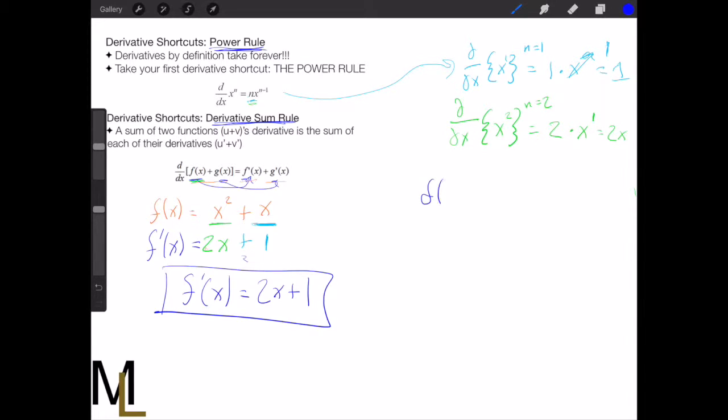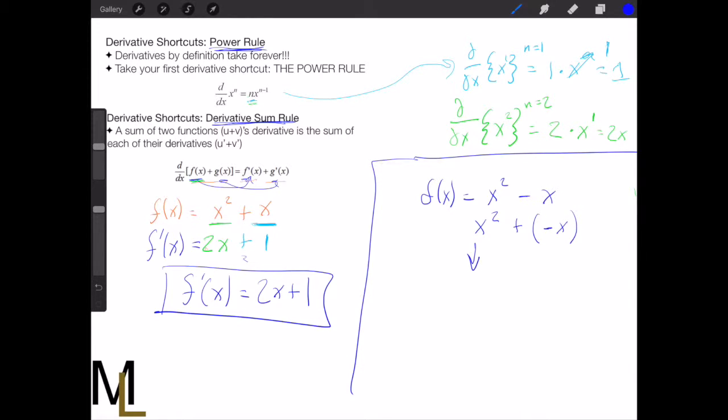So if it's f of x equals x squared minus x, it's kind of a separate problem. This also applies, but in this case, if we use the formula, you're going to treat this as x squared plus minus x. So your derivative here is going to stay 2x, like we did up here.